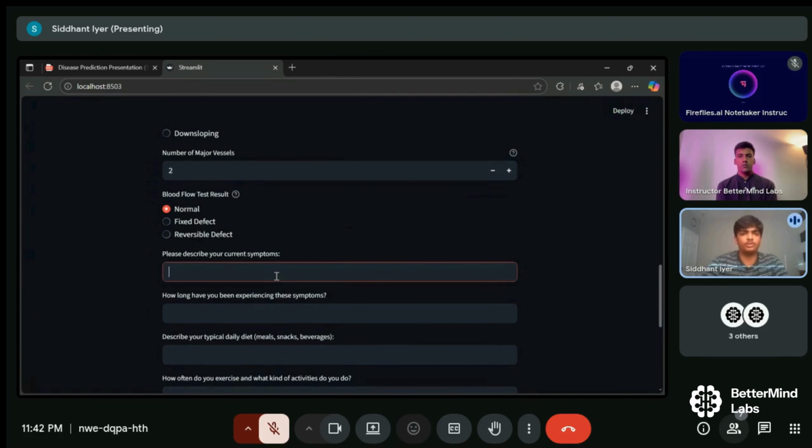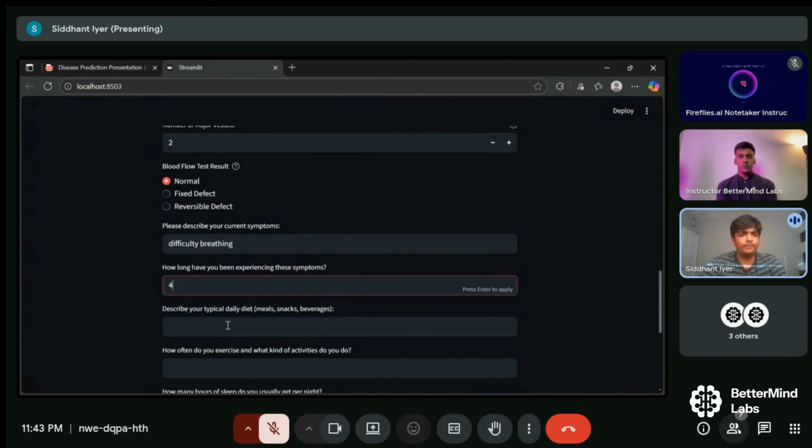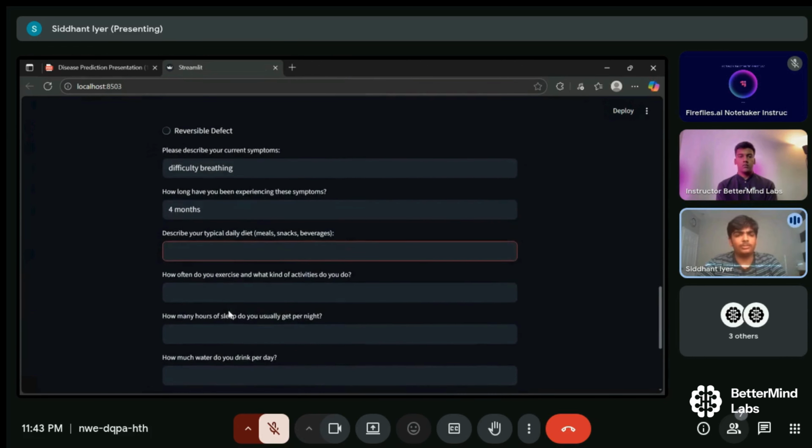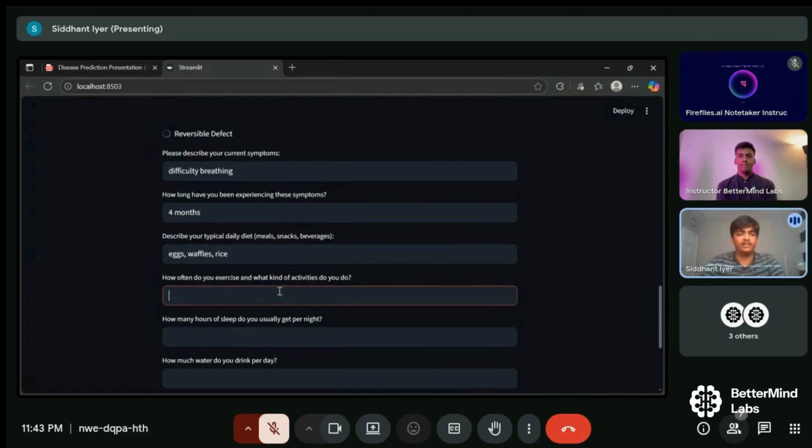Current symptoms for arrhythmia, difficulty breathing. I could say 4 months. Let's say eggs, waffles, and rice. How often do you exercise?